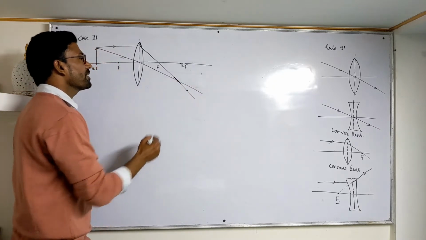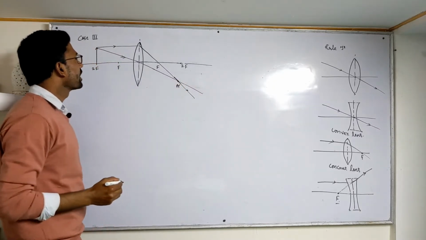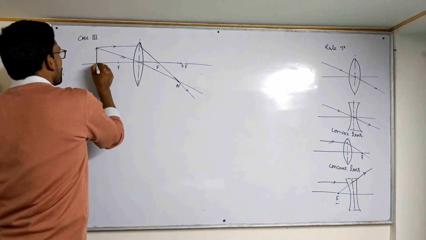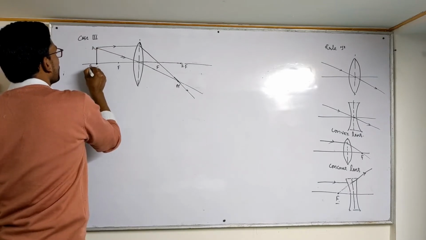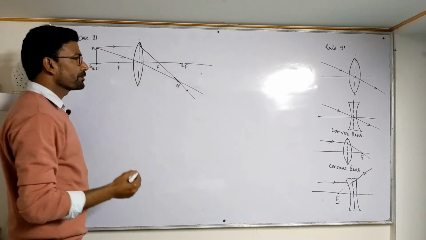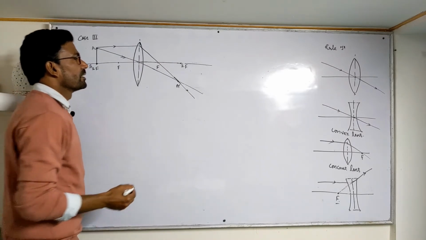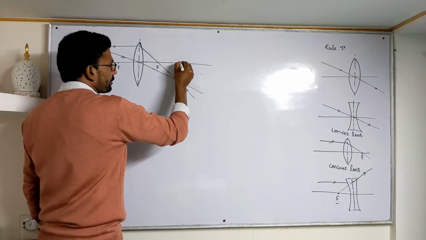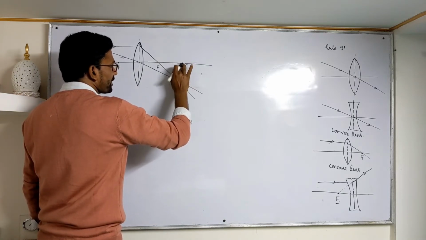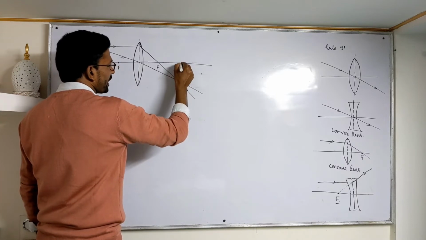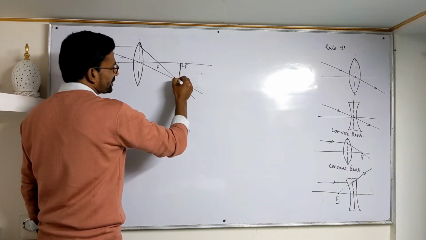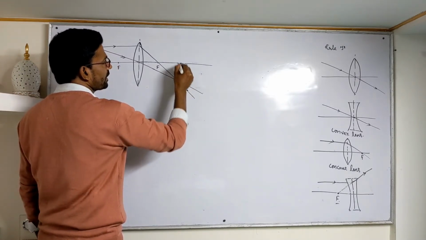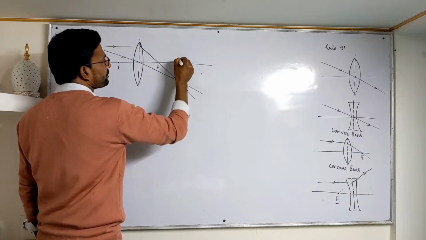So this is the image of A, that is called A prime. In the same way, the image of point B is somewhere on the principal axis opposite to the lens. If we draw a perpendicular from the principal axis to the point A prime, where both rays intersect each other, we will get an image like that, A dash and B dash.